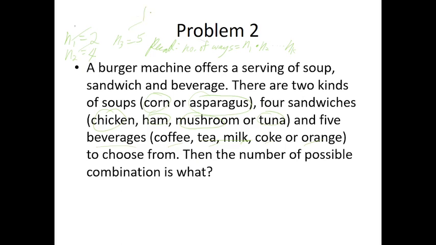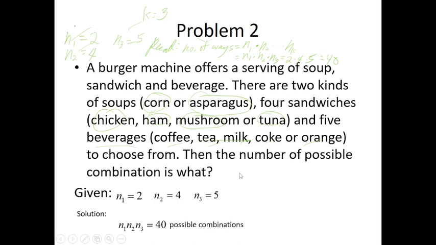Here, k is 3. The third operation can be performed in 5 ways. So this reduces to n1 times n2 times n3, giving us 2 times 4 times 5, and we got 40. There, 40 possible combinations.